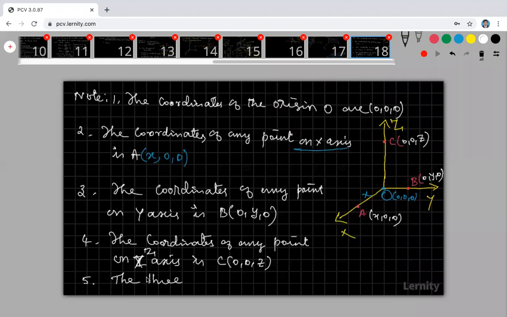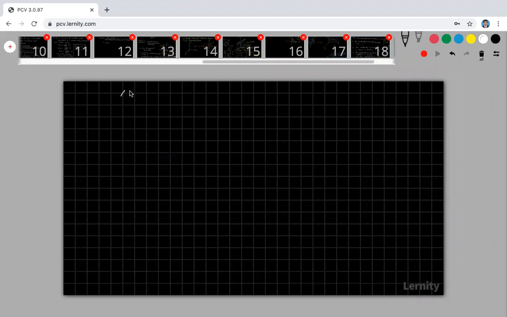So the coordinate planes are the XZ plane, the YZ plane and the XY plane. These are called coordinate planes. The three coordinate planes divide the space into 8 parts.